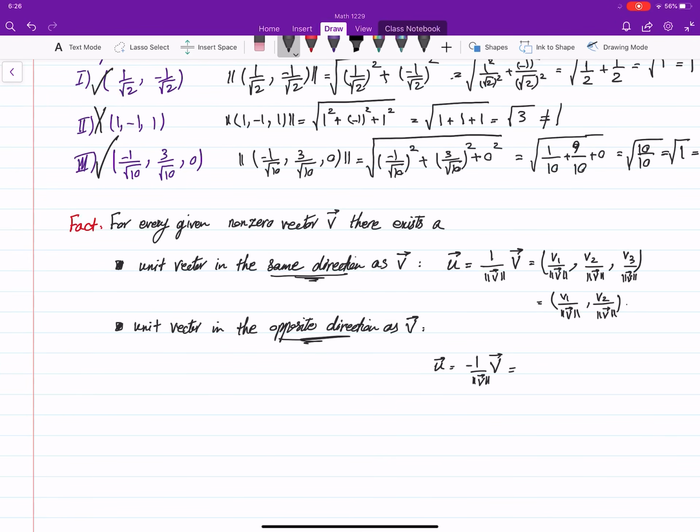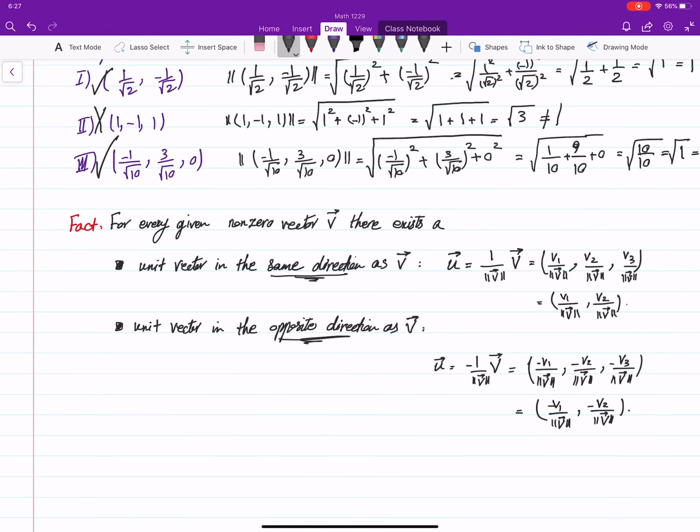So in other words, the vector here is going to be minus v1 over length of v, minus v2 over length of v, and minus v3 over length of v. And in dimension 2, it's minus v1 over length of v and minus v2 over length of v.